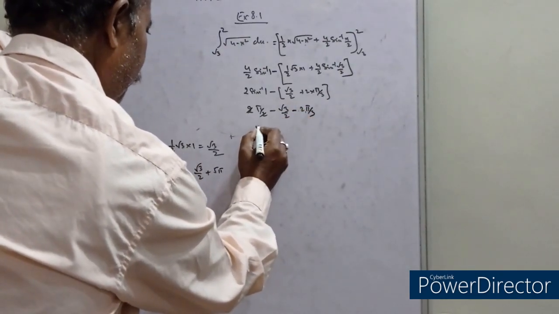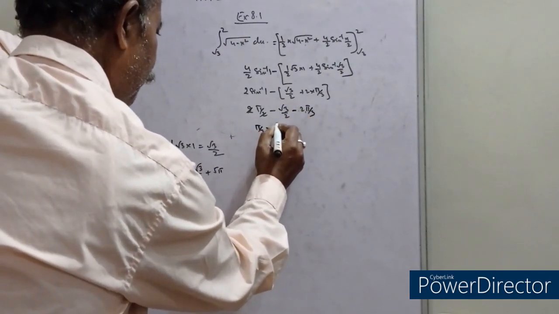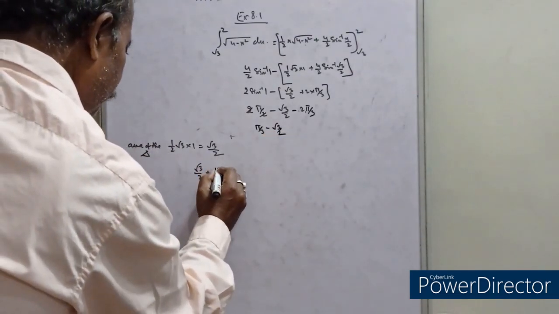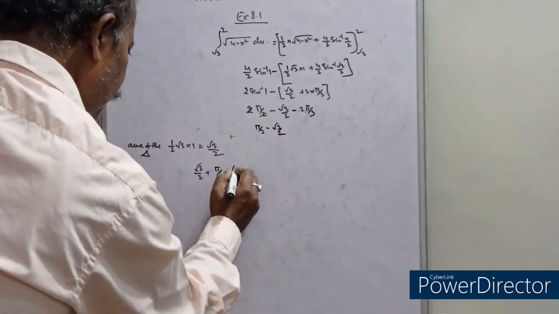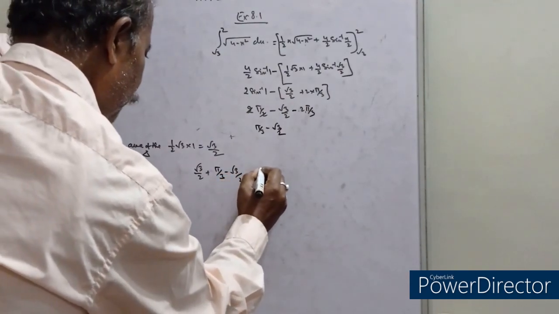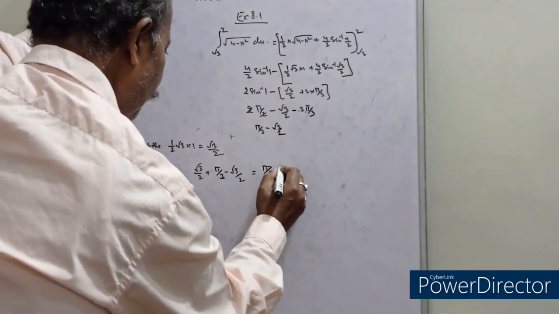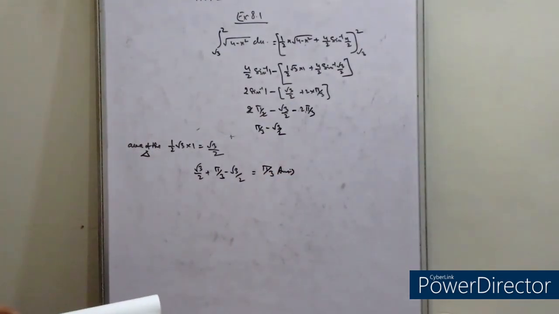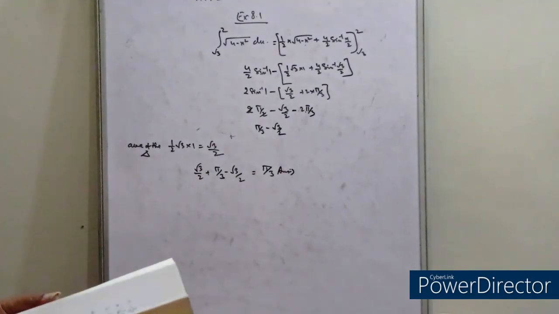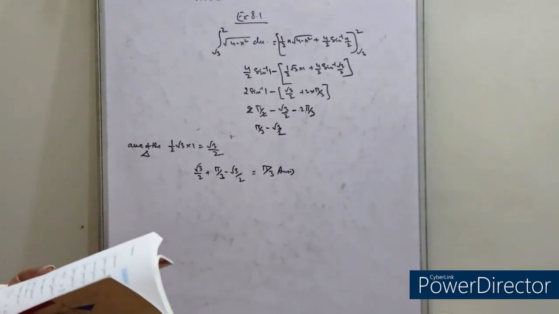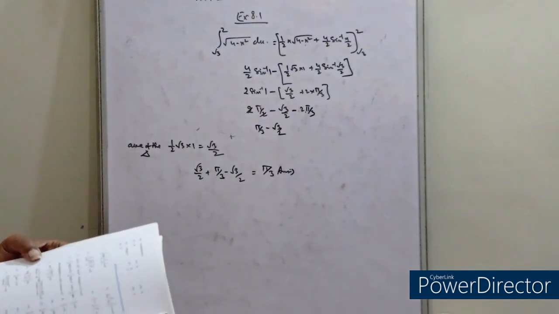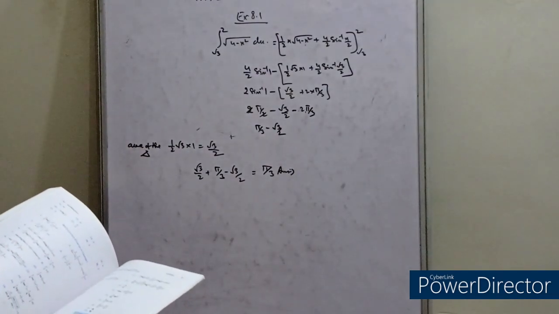So this will be pi by 3 minus root 3 by 2. This cancels out. So pi by 3 will be your answer. So let me check the answer. That is 8.1, question number 6. This is pi by 3. The answer is correct.